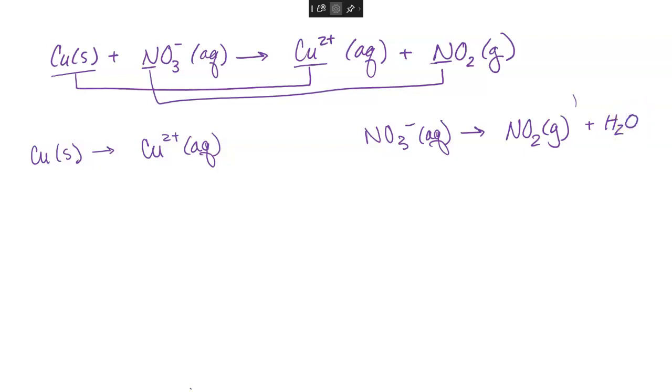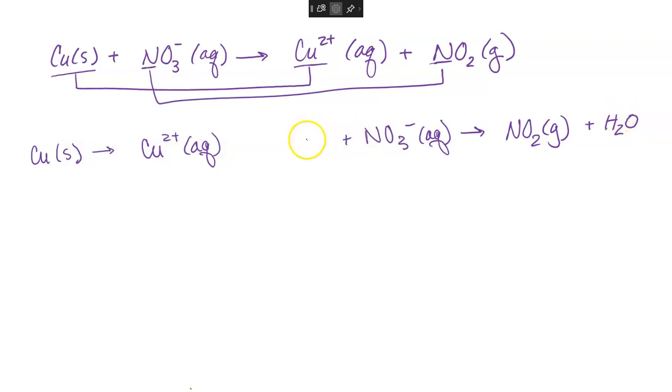After adding water and balancing oxygen, I now balance hydrogen by adding what? H+. Okay, it's acidic medium, so we add acid. The ion that we use for shorthand notation for acid is H+. So which side am I adding? There's no hydrogen here, so I skip it. I have hydrogen here, so what side am I adding hydrogen to? The reactant side.